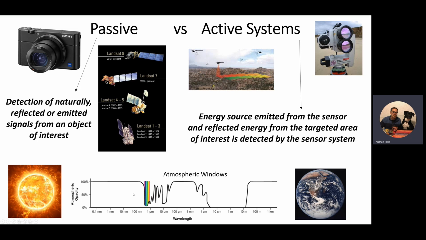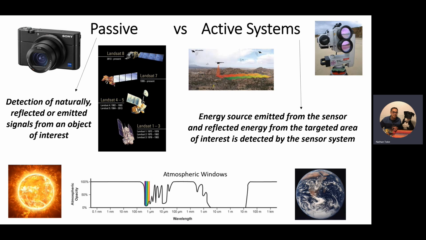At shorter wavelengths, the atmosphere is opaque. Those wavelengths don't get through, and longer wavelengths also have some areas that are opaque atmospherically. But then there are areas called atmospheric windows, where light gets through to the Earth's surface. In those windows, we can use passive remote sensing systems for reflected electromagnetic light.